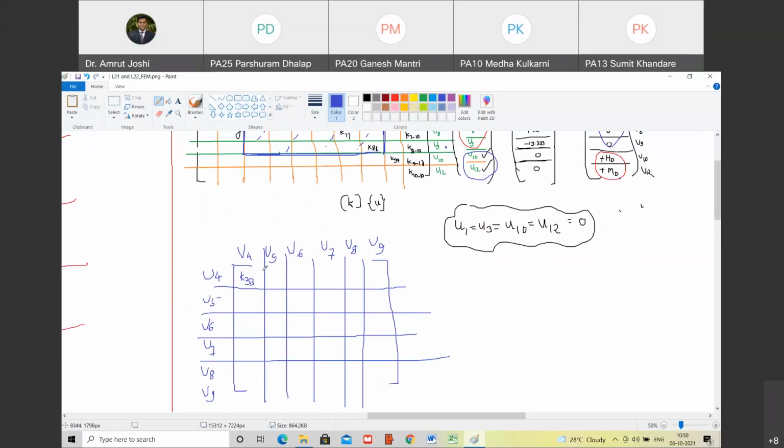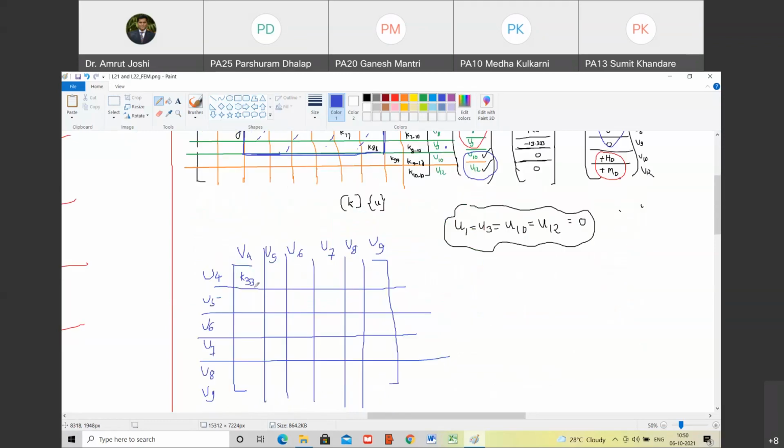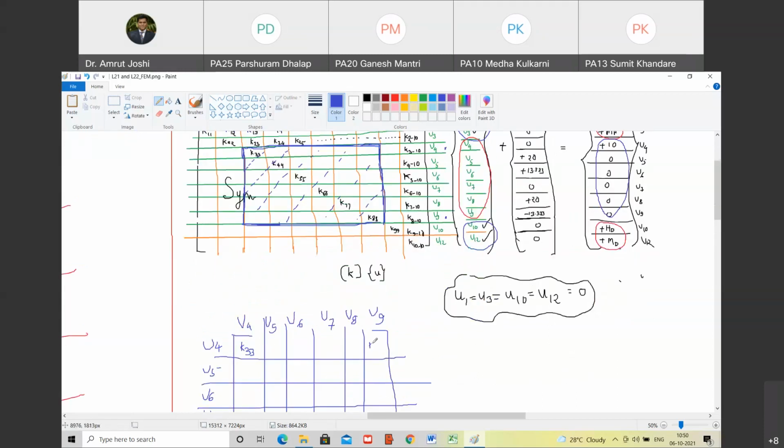Do you agree with me? K33 of global stiffness matrix will come here. And where will this go up to? It will go up to K39. Do you agree with me?